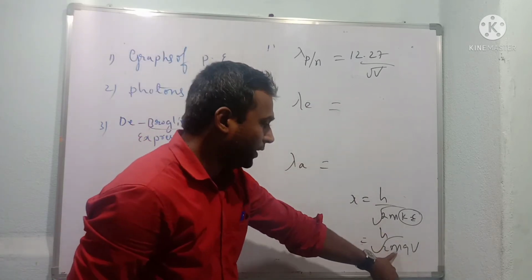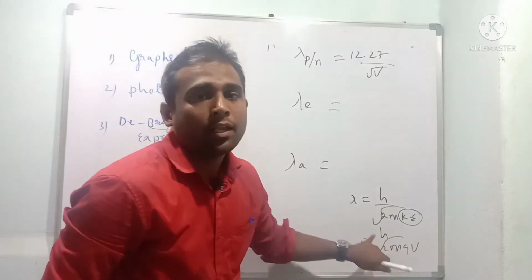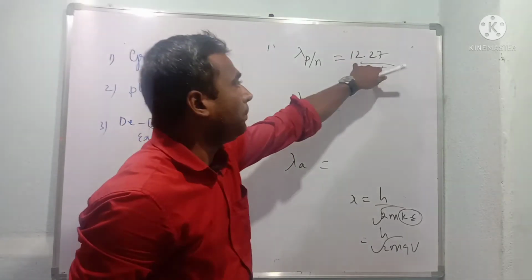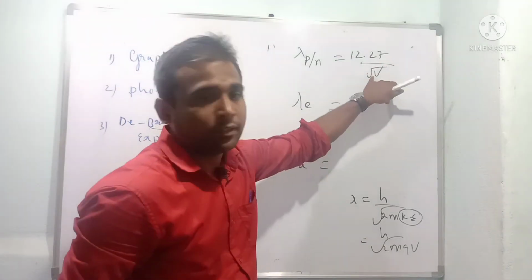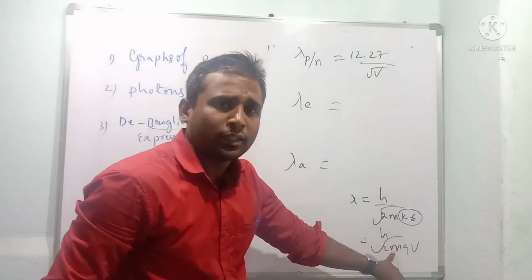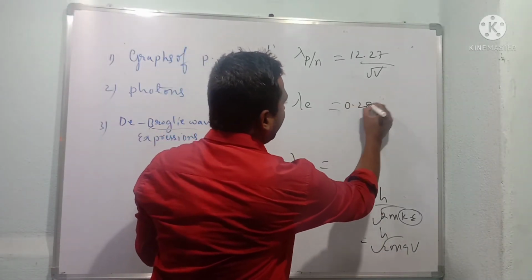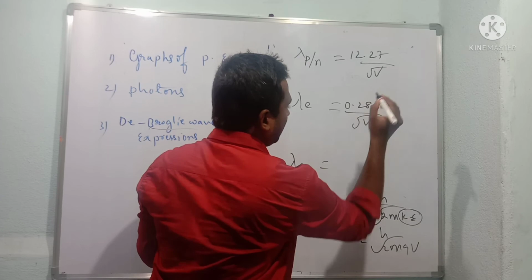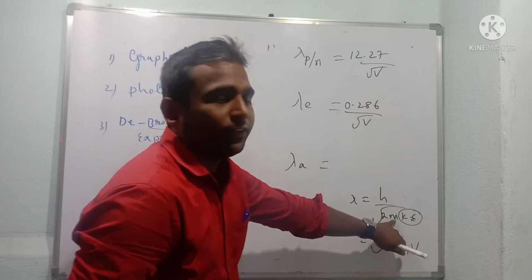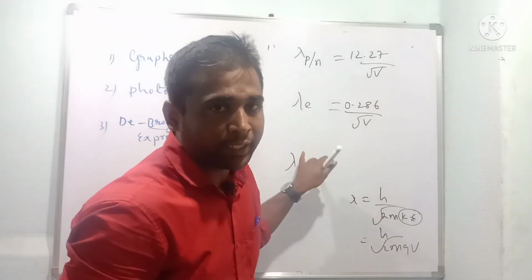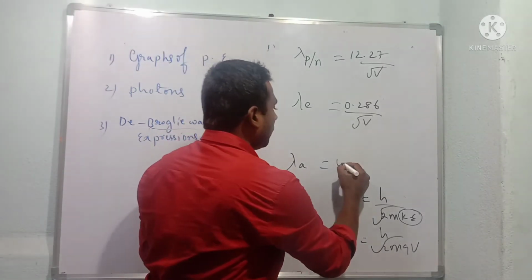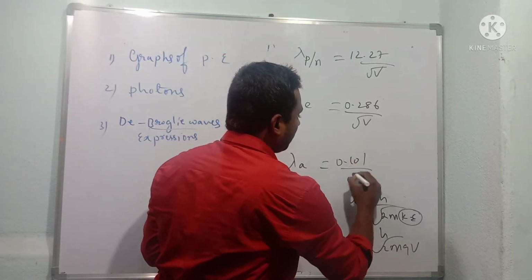If I substitute the mass of the electron, charge of the electron, and Planck's constant, I'll get 12.27 divided by √V. If I replace the mass of the proton or neutron, we'll get 0.286 divided by √V. For the alpha particle, if I replace the mass of the alpha particle, it becomes 0.101 divided by √V.